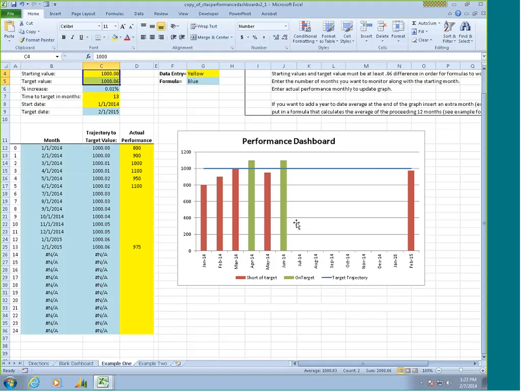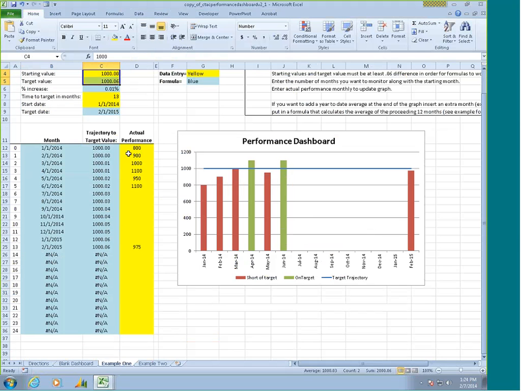This is an example of a graph that could be used to graphically show people how they're doing on their units of service on a monthly basis. The line across the top here is called trajectory to target. It's the same number. Their target here is 1,000 units.